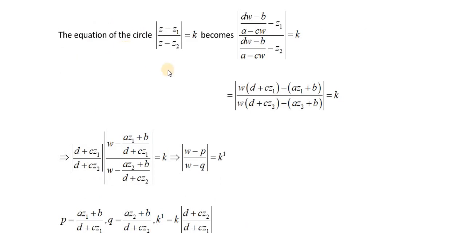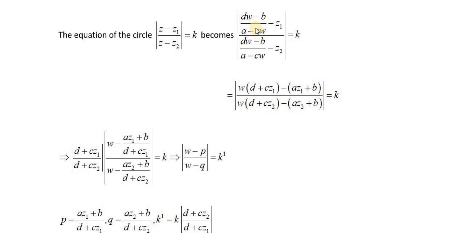Next, the equation of the circle is this one. We know the Z value, that is DW minus B by A minus CW. Here also we have Z, so substitute the same Z value. Z1, Z2 as it is. K also as it is. Here you can take LCM, that is A minus CW.